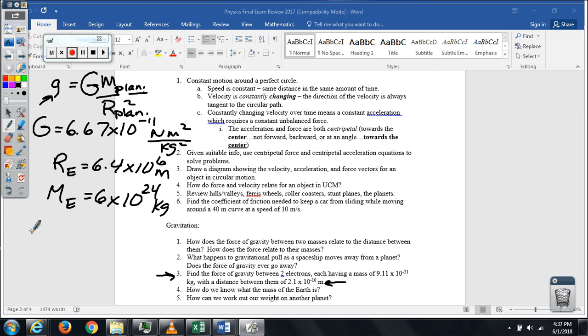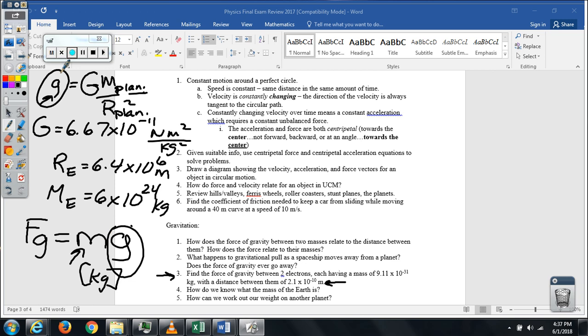If you take an object and drop it, that would be the free fall acceleration. But Fg equals mg. So all I would need to know is your mass, which is in kilograms, not in newtons. So if you know your weight on the Earth, you have to find what your mass is in kilograms, and then multiply it by the g that you found for your new planet.